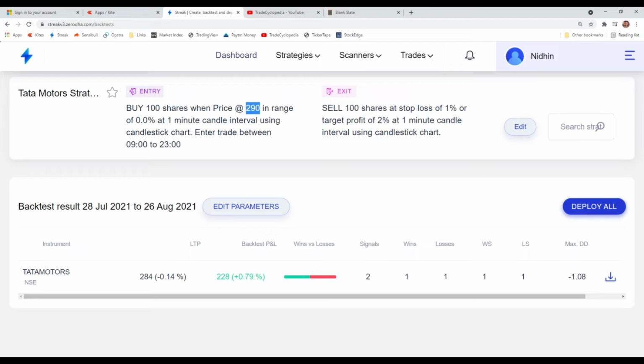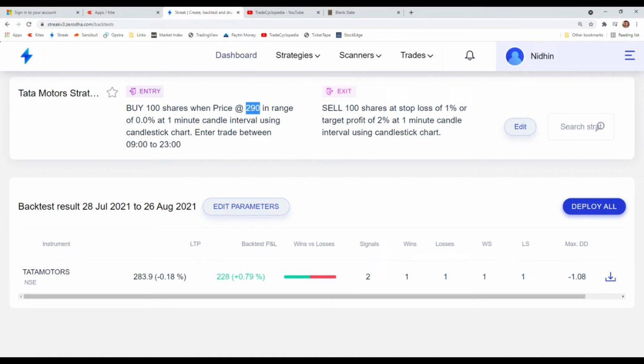If the Tata Motors price reaches anywhere near 1% of this price, like somewhere around 288 or so, then it will take an entry. It will not wait until it hits exactly 290. Instead, it will take an entry within that range.